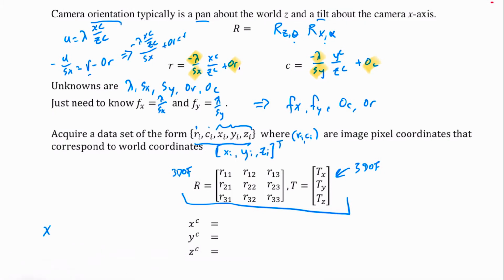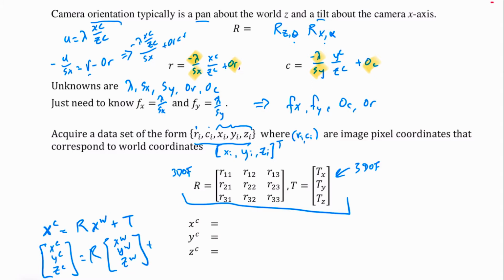Just remind ourselves that x in the camera frame is equal to this R times x in the world frame plus t, where these are vectors. So we can split those out into our individual equations. So remember, this is xc, yc, zc is equal to R times x world, y world, z world plus tx, ty, tz.